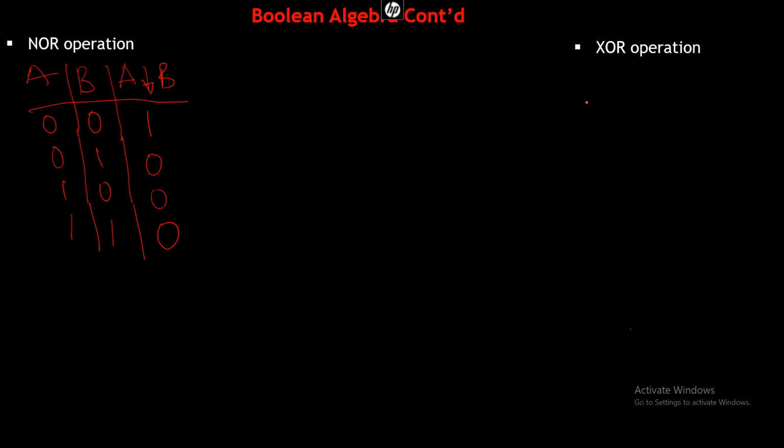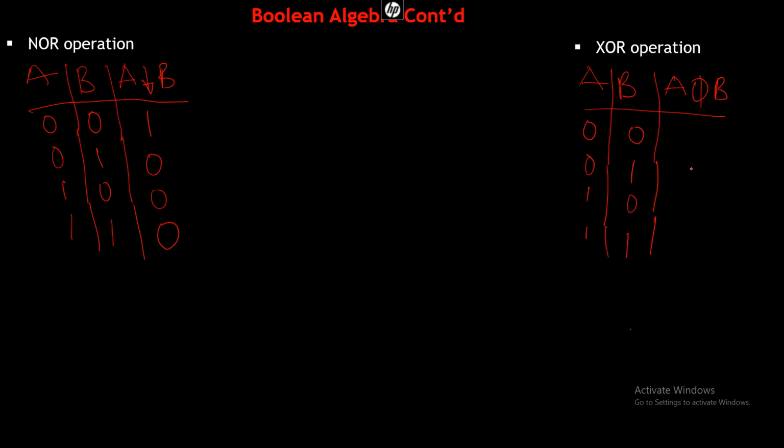Now, our XOR. So this is the symbol here. This is our symbol. Now let's look at the combination. 0, 0, 1, 1 here. 0, 1.